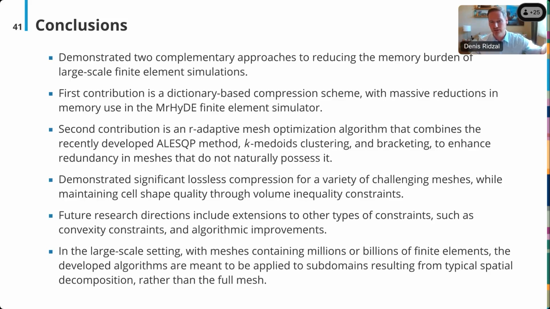You just need to compress maybe parts of it that have 1 million or 100,000 cells. Because even if you have, let's say, 1,000 of these cell similarity classes in a 1,000,000 element mesh, you're still compressing down to 99.9%. So the idea is to apply this to smaller chunks.